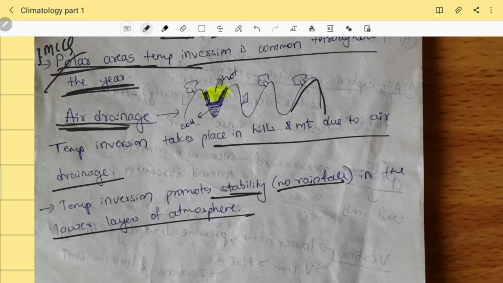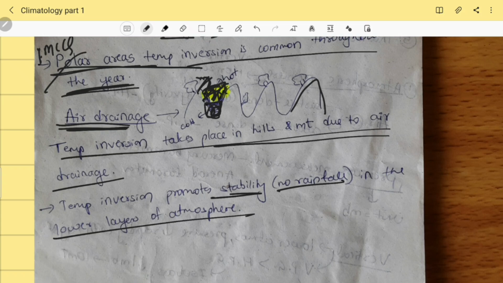Okay, so what happens here is, when mountains are heated, they are land, basically rocks. When they are heated in the morning, they need to emit the energy that they received. When they emit the radiations back into the atmosphere, like terrestrial radiation, the upper part becomes hot, and the cold air which is heavy settles down, and this is known as air drainage.